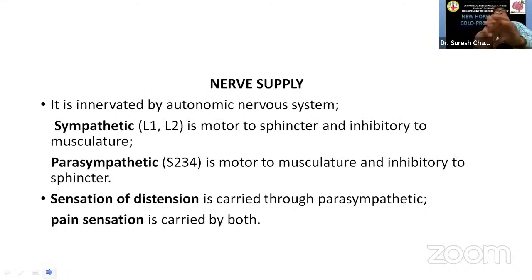Nerve supply: it is innervated by the autonomic nervous system, sympathetic and parasympathetic. Sympathetic is motor to the sphincter and inhibitory to the musculature. Parasympathetic is motor to the musculature and inhibitory to the sphincter. The sensation of distension is carried by the parasympathetic and pain sensation is carried by both. So when you get the urge of defecation, this plays a main role.